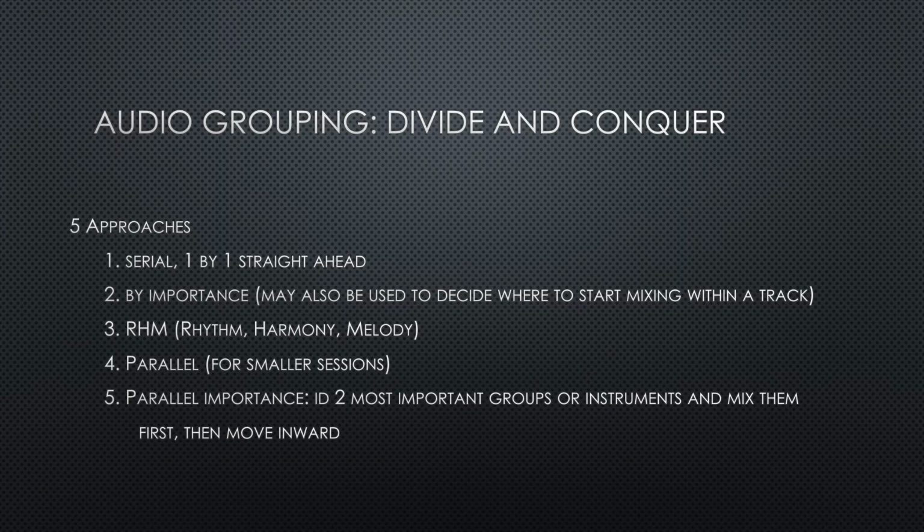And so how are you going to group those instruments? Some popular ways include the RHM method: putting all your rhythm instruments close to each other and nearby, and treating them as a group, and then adding on your accompaniment harmony instruments like piano or rhythm guitar, and then your sort of who's conveying the melody, so lead guitar, vocal, for example. And so treating them as three different groups and then blending them together.